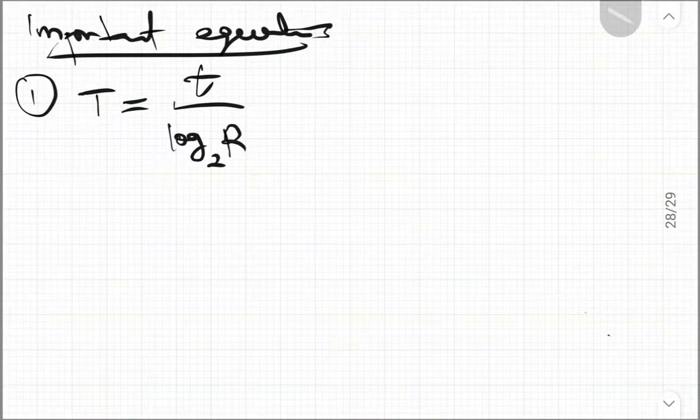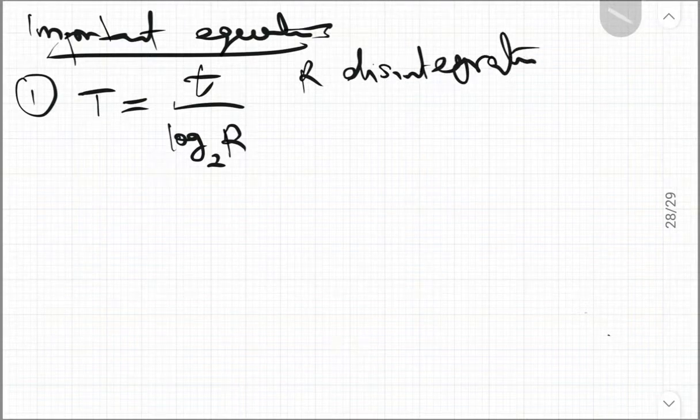This is the time it takes. It might be the same as the half-life, greater than the half-life, or lesser than the half-life. So this is just time, and this is the half-life. Now r is called the disintegration ratio. Note that this letter r is not a new quantity in physics.